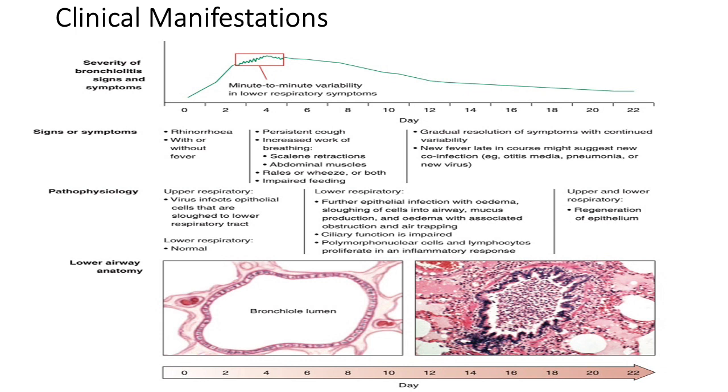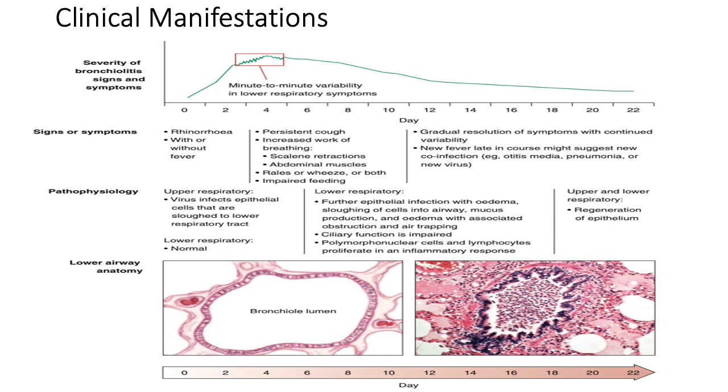And now you can see how the pathophysiology we have seen in previous slides correlates with the clinical features. During the prodromal phase, the virus infects the epithelial cells of the upper respiratory tract. These epithelial cells are sloughed off and they slough to the lower respiratory tract. However, the lower respiratory tract at this point of time is completely normal. You can see this bronchiole in this histopathological section, which is normal.